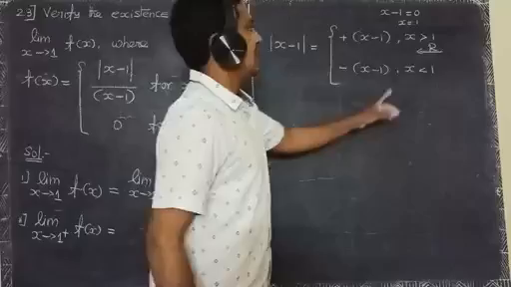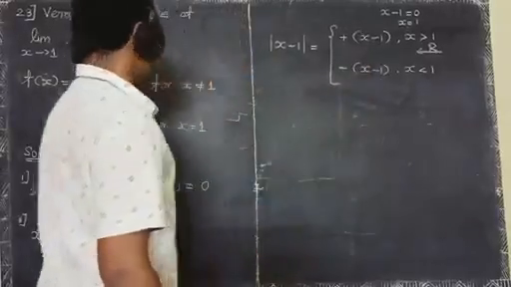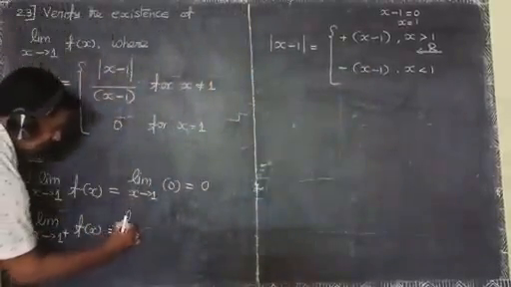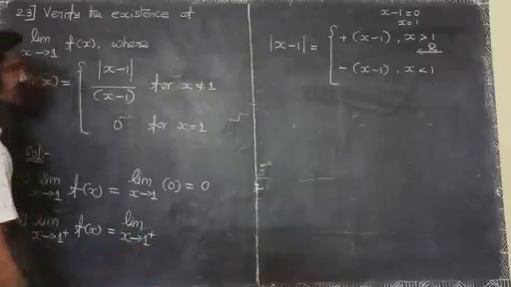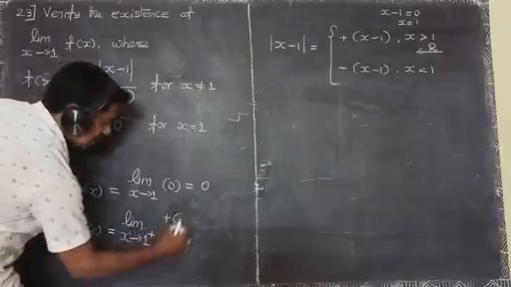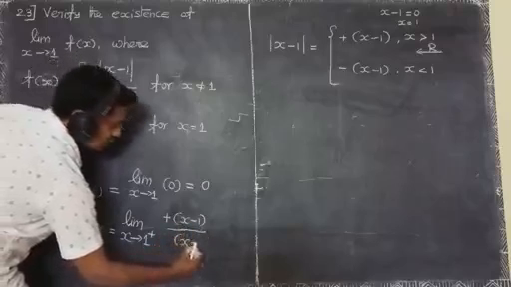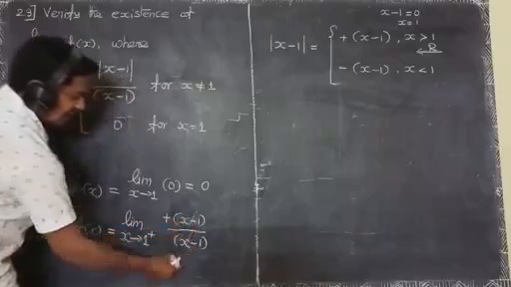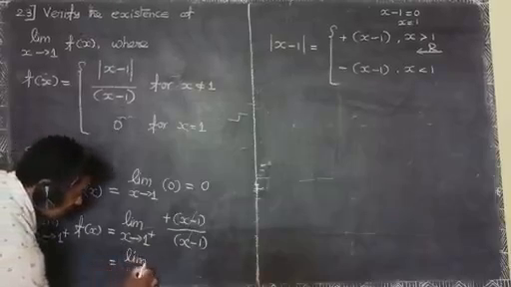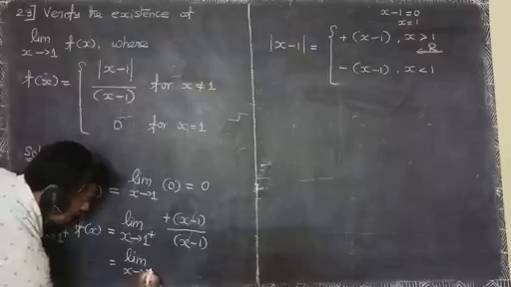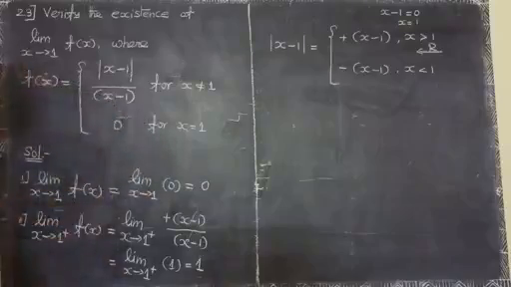Right side means x greater than 1, isn't it? So using this function, the limit as x approaches 1 from the right of (x minus 1) divided by (x minus 1). Here the factors cancel, and the final result is 1. So the limit as x approaches 1 from the right is equal to 1.